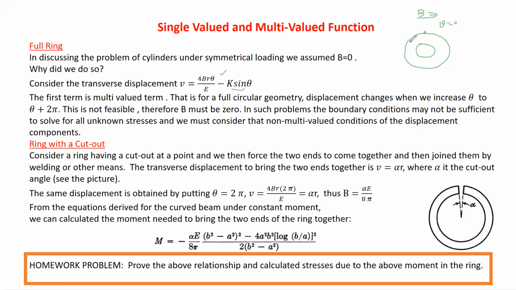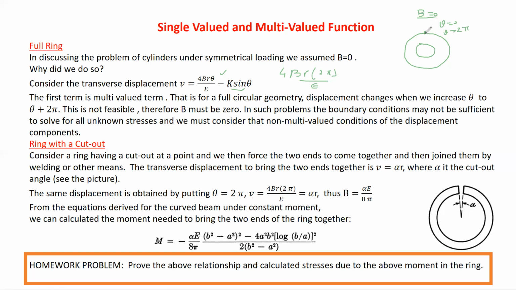When I turn 360 degrees and theta becomes 2 pi, sine 2 pi is 0 again, but this term for B R 2 pi over E is no longer 0.